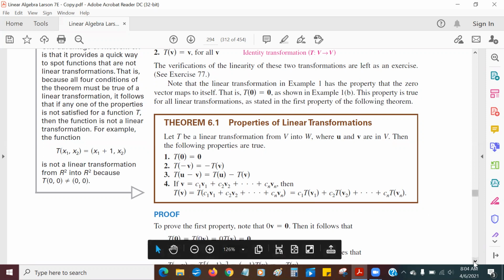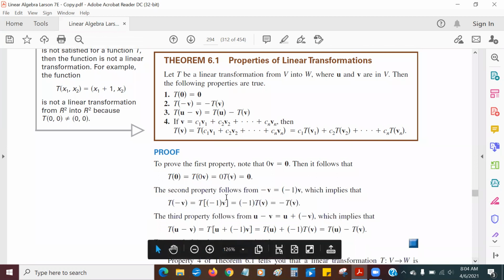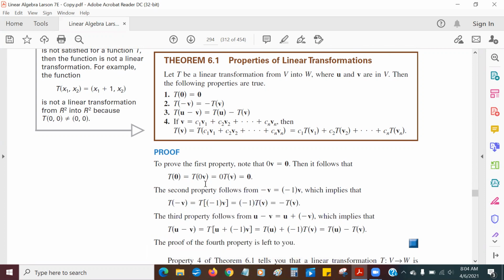Okay, let's prove some of these. So number 1, T of the 0 vector. Well, the zero vector is the scalar zero times any vector v. But by definition of linear transformation, this is going to be 0 times T of v.